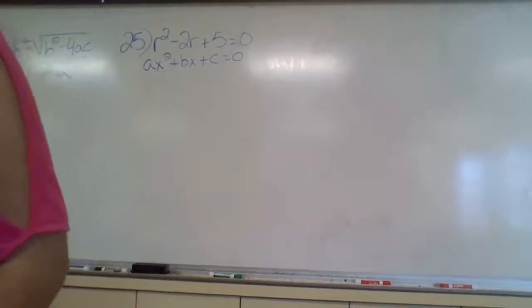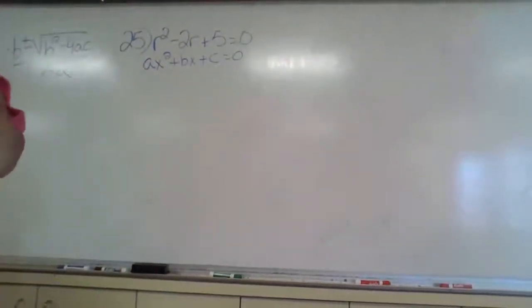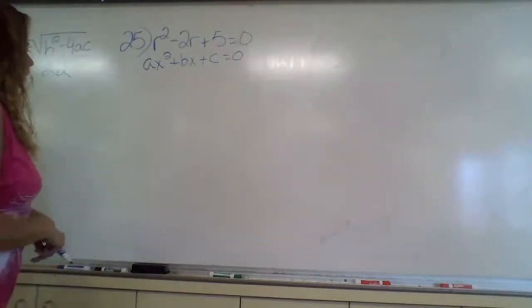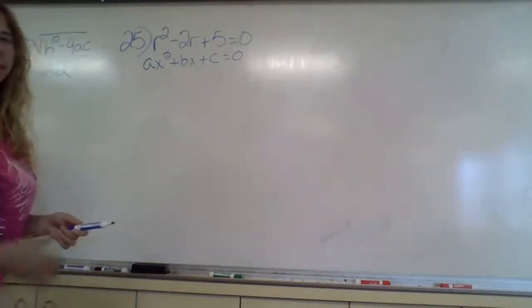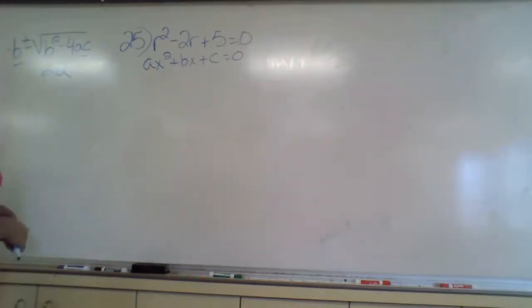Okay, I'm also going to do number 25 from that same section. So we're going to solve it over the set of complex numbers. That means we're going to be dealing with i. Okay.